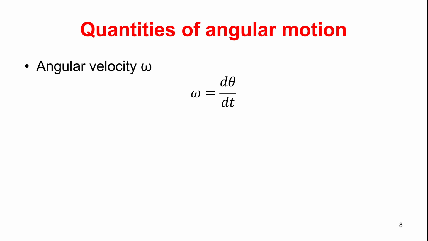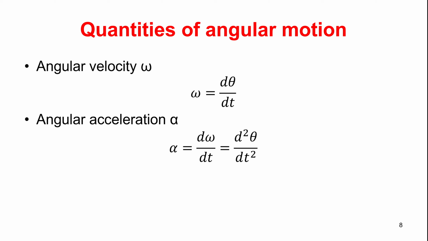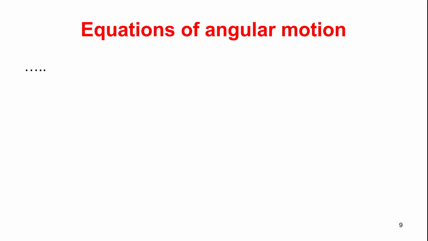Okay, so using this definition and the previous definitions that we had for velocity, we can define the angular velocity as the derivative of theta with respect to time, and we can define the angular acceleration as the derivative of omega, which is our angular velocity, with respect to time, or the second derivative of theta with respect to time squared. Okay, so we get a couple of principal equations for the angular motion as well.